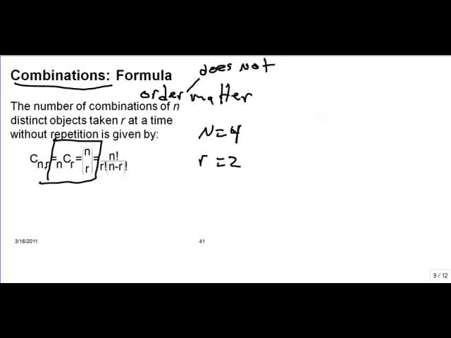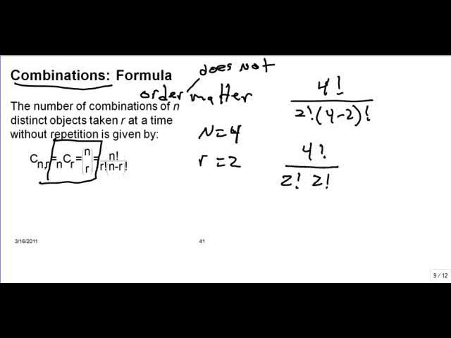So in this case then, plugging into the formula, we have 4 factorial divided by 2 factorial times 4 minus 2 factorial. So we have 4 factorial over 2 factorial times 2 factorial. So we have 4 times 3 times 2 times 1, over 2 times 1 times 2 times 1.